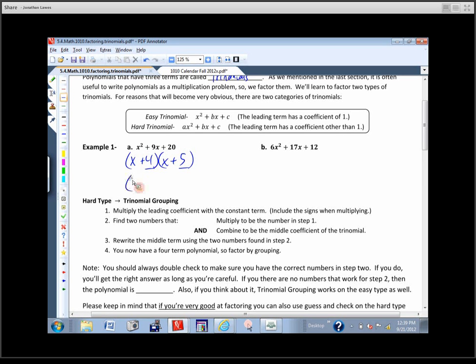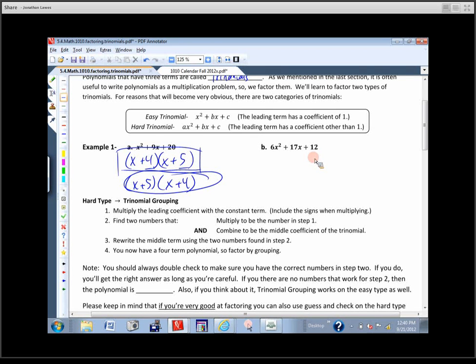Now, if your neighbor, if you look next door, if your neighbor wrote this instead, is that okay? It is. We talked about this the other day because of the commutative property of multiplication. Either one of those would be fine, okay? Now, this is a bit more difficult. Now, I say down below, if you've been reading ahead, most of you have been taught all this material before.